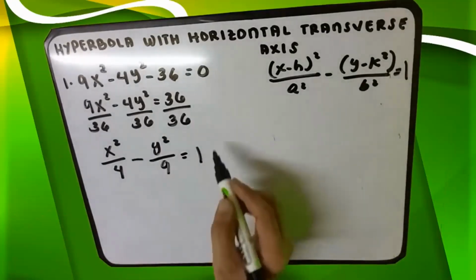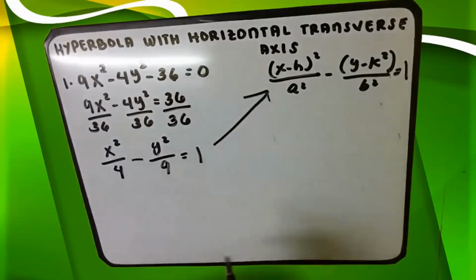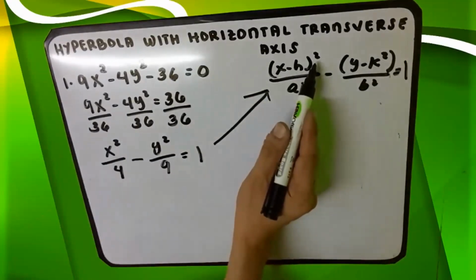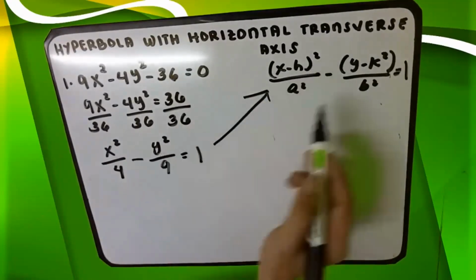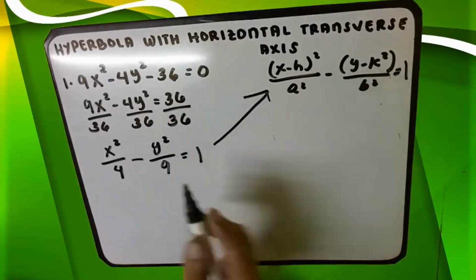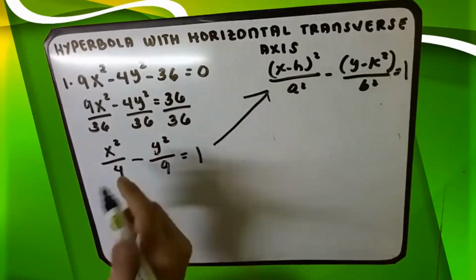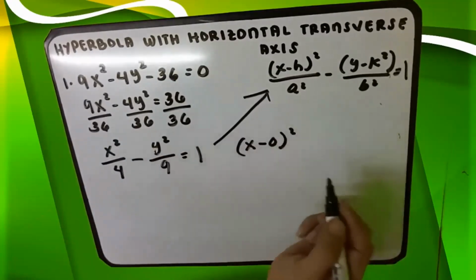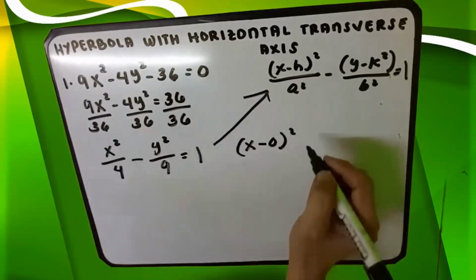So kung mapapansin nyo, nasa ganitong form na siya. Question, bakit x square lang to instead of x minus h square? Or y square lang, bakit hindi y minus k square? So pwede natin kasi itong i-expand as x minus 0 square. So ganun din yung kakalabasan yan.